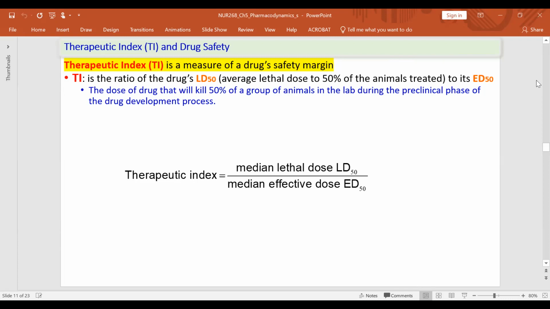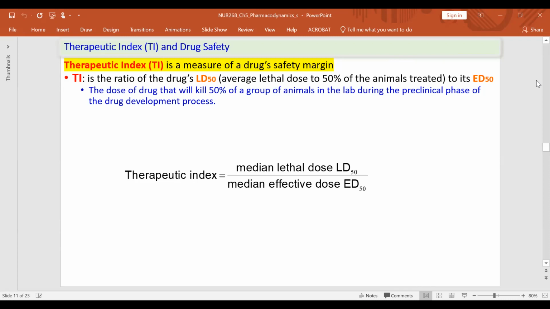Now, what is the lethal dose, LD50? The median lethal dose, LD50, is used to assess the safety of the drug, shown on a frequency distribution curve, and it is determined in preclinical trials.